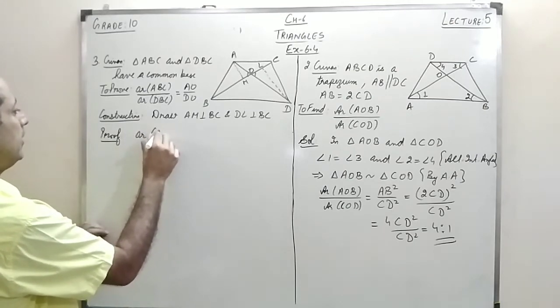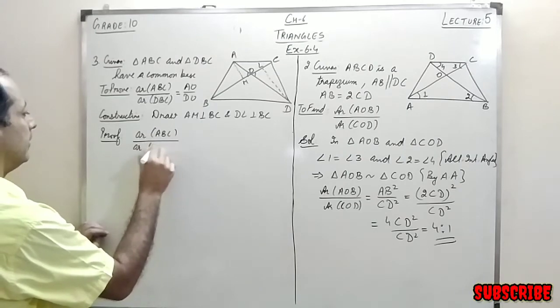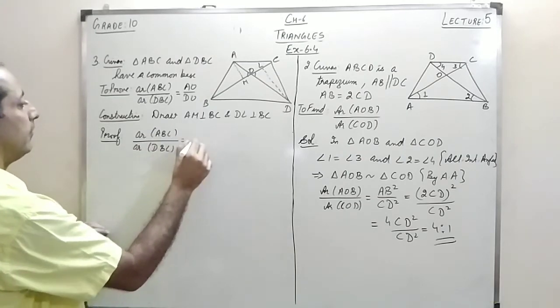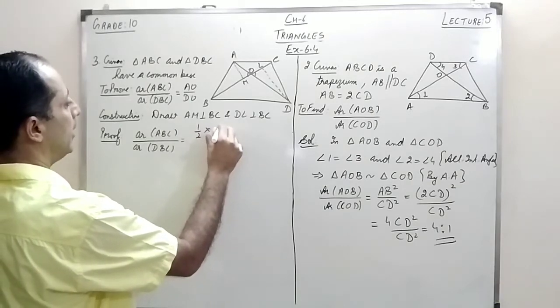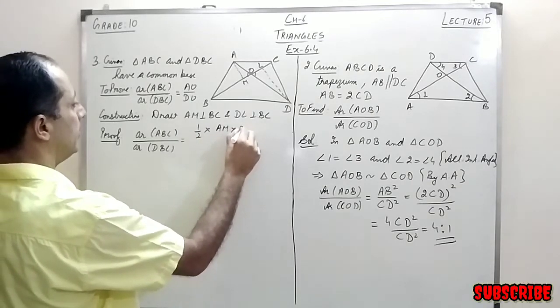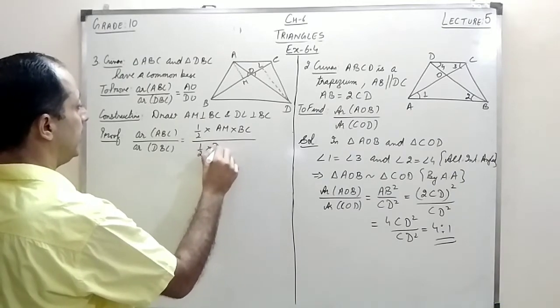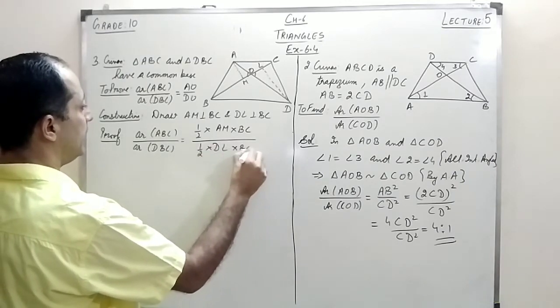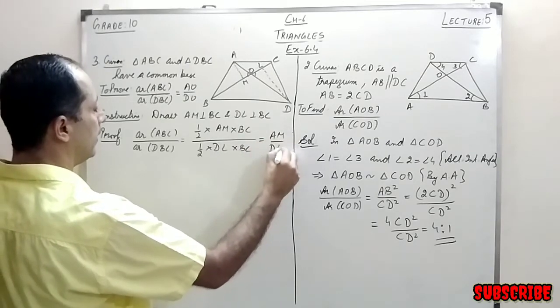Area of ABC upon area of DBC. Well, this is half into AM into BC upon half into DL into BC. So after cancellation we are left with AM upon DL.